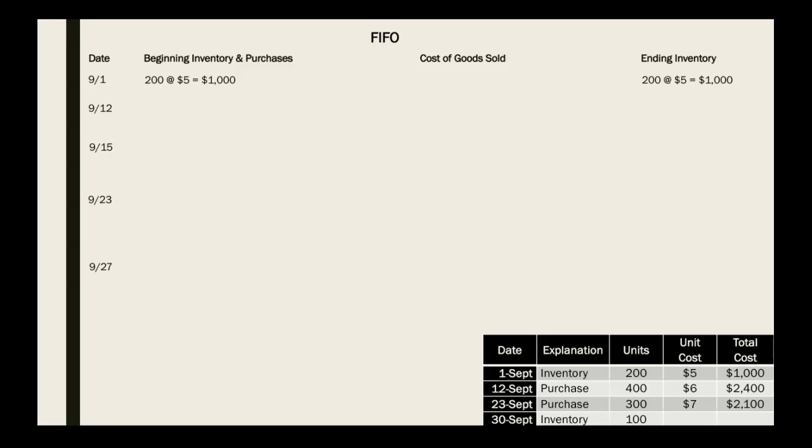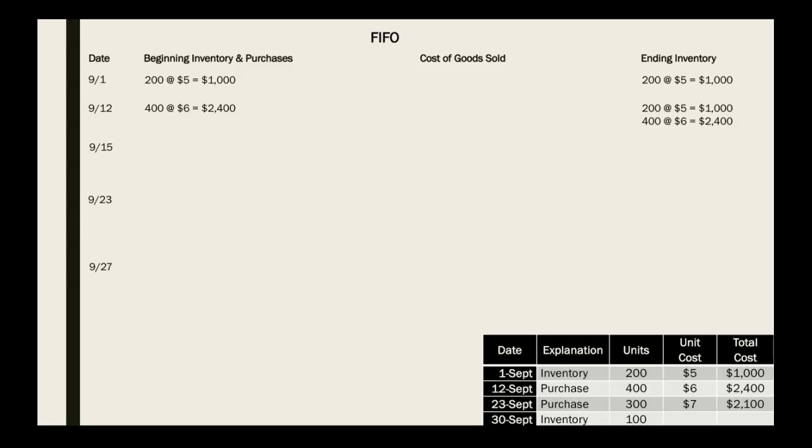So we write that out for the beginning inventory and the ending inventory on September 1st. On the 12th, we purchased 400 more units. So we will write out that 400 at $6 equals $2,400 over in our purchases column.